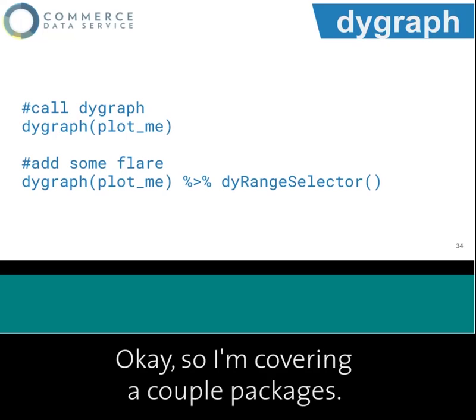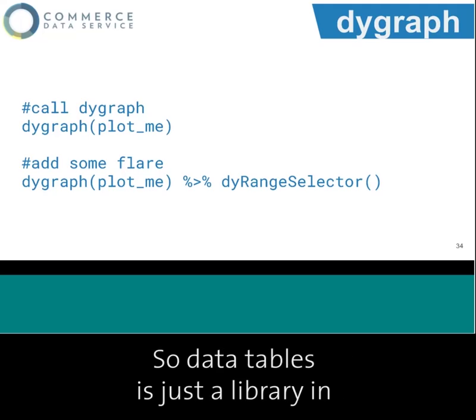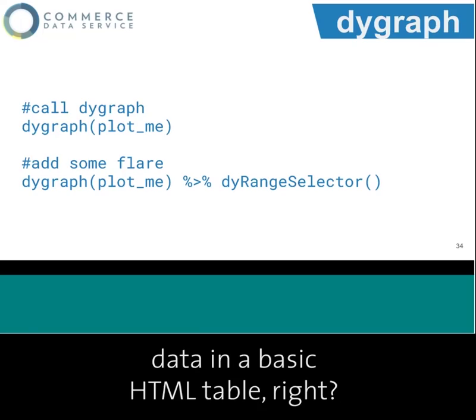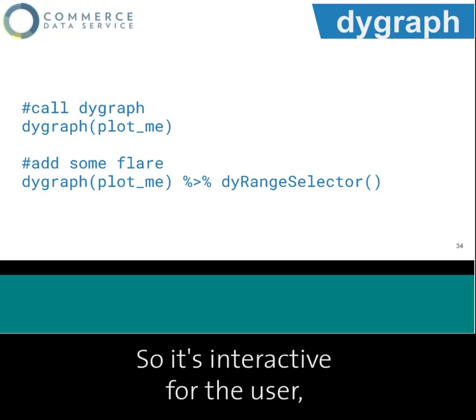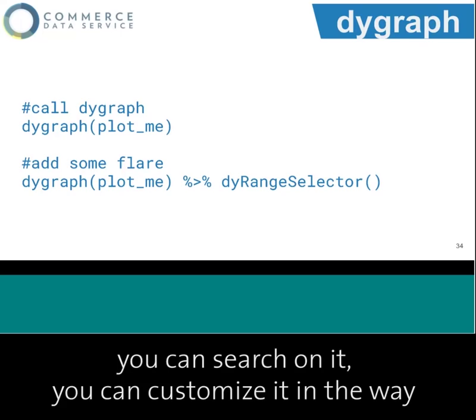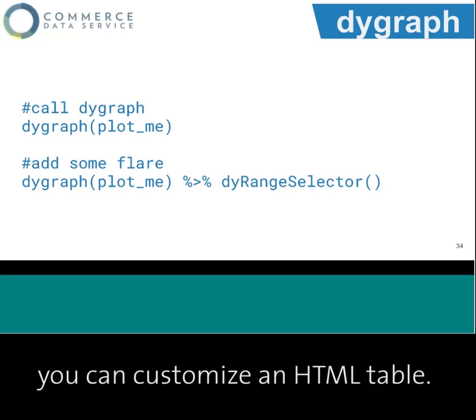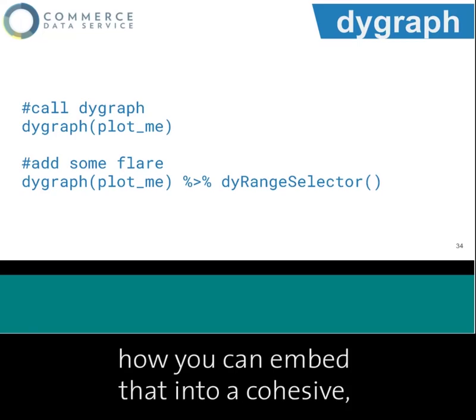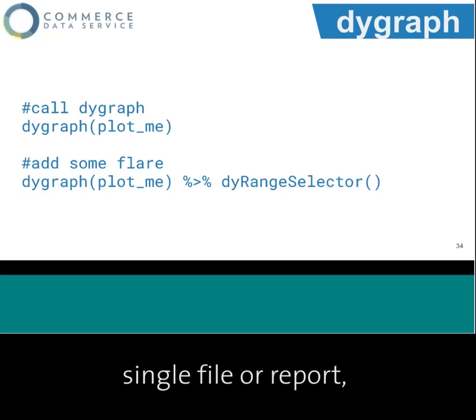Okay. So I'm covering a couple of packages. DataTables is just a library in R that allows you to present your tabular data in basically an HTML table. So it's interactive for the user. You can search on it, you can customize it in the way you can customize an HTML table. So you can embed that, and later on we'll show you how you can embed that into a cohesive single file or report.